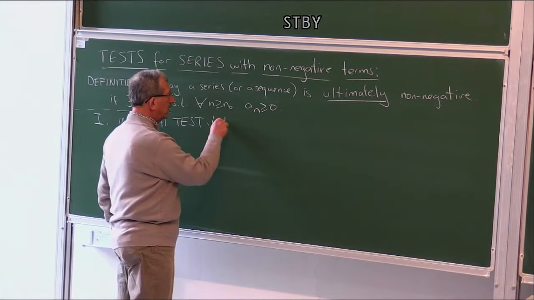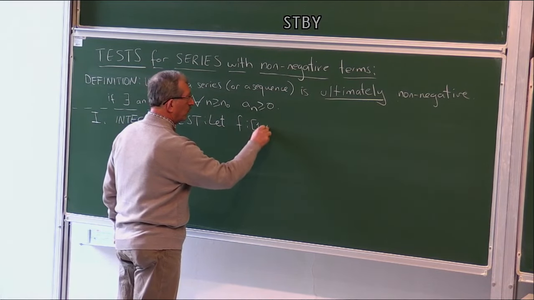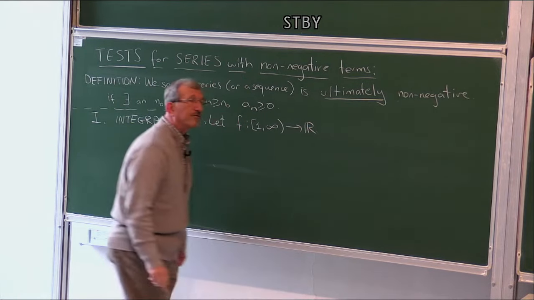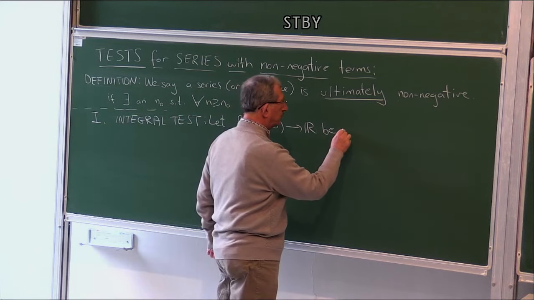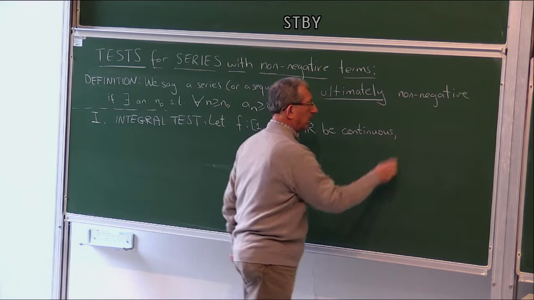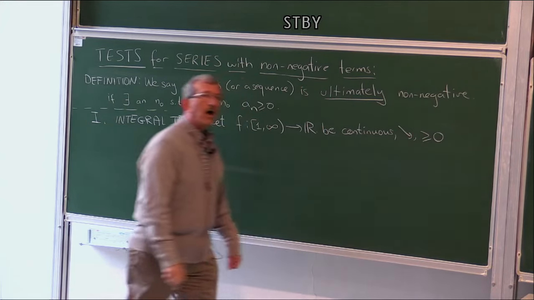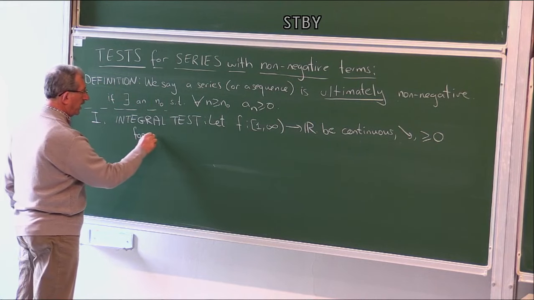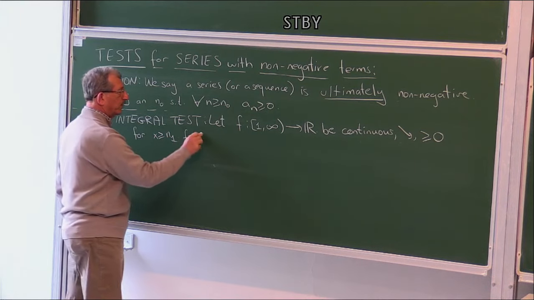So let f be a function defined on [1, infinity) into R, so it's a real valued function, be continuous, decreasing, and positive, ultimately, that is, for x greater than or equal to n1 for some n1.